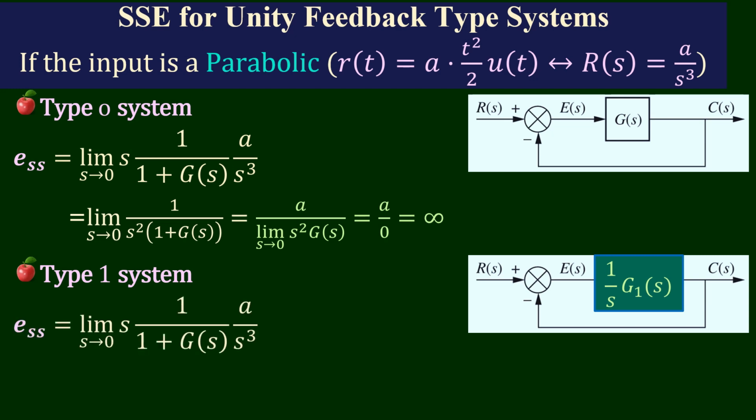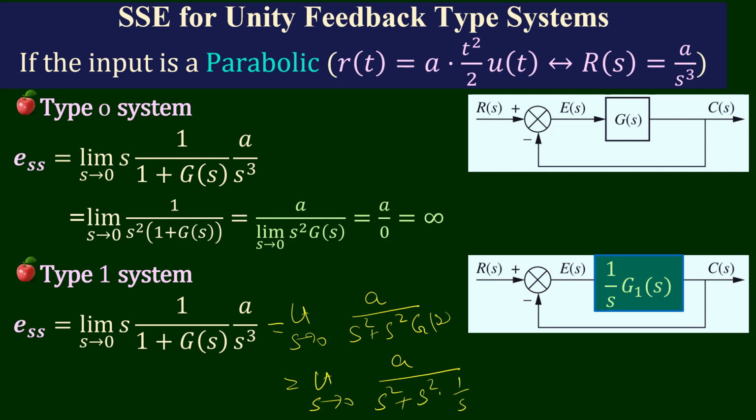The simplification of the problem will give us this result, limit s tends to 0 of A upon s square plus s square G of s, which will be equal to limit s tends to 0 of A upon s square plus s square into 1 over s into G1(s).